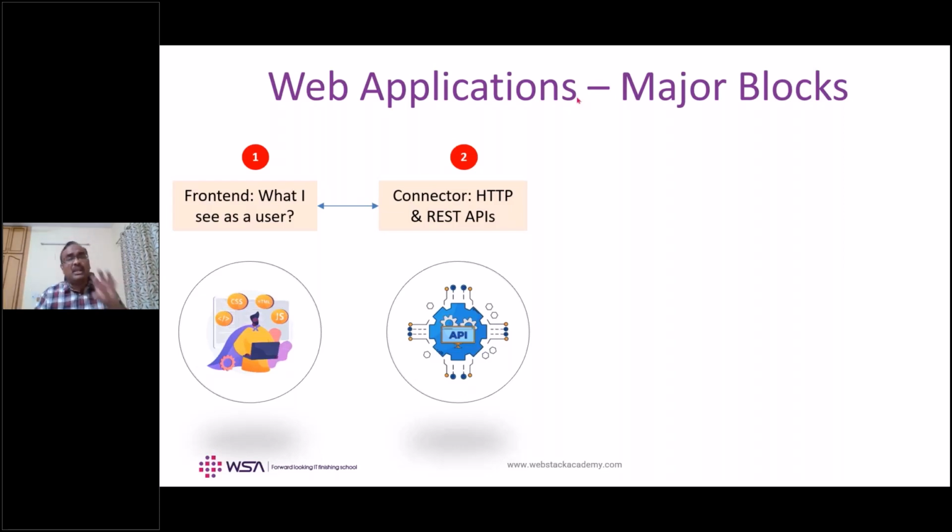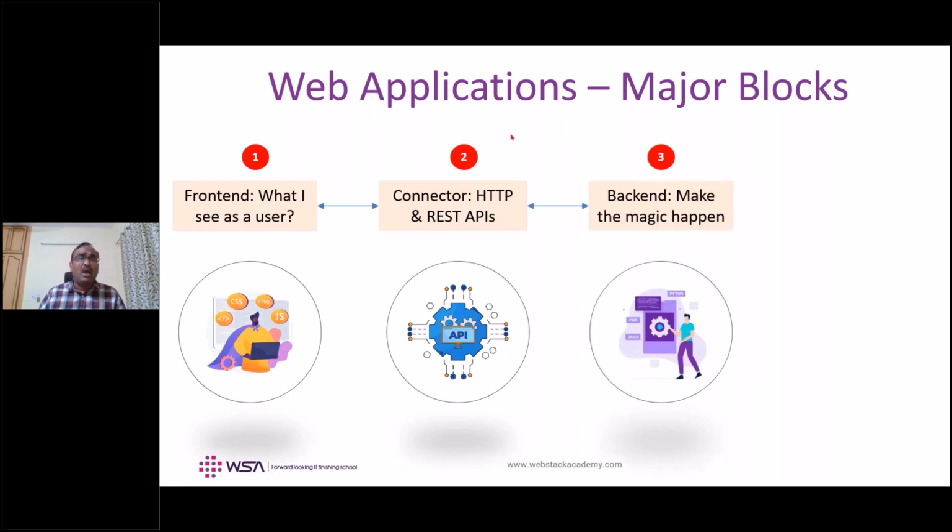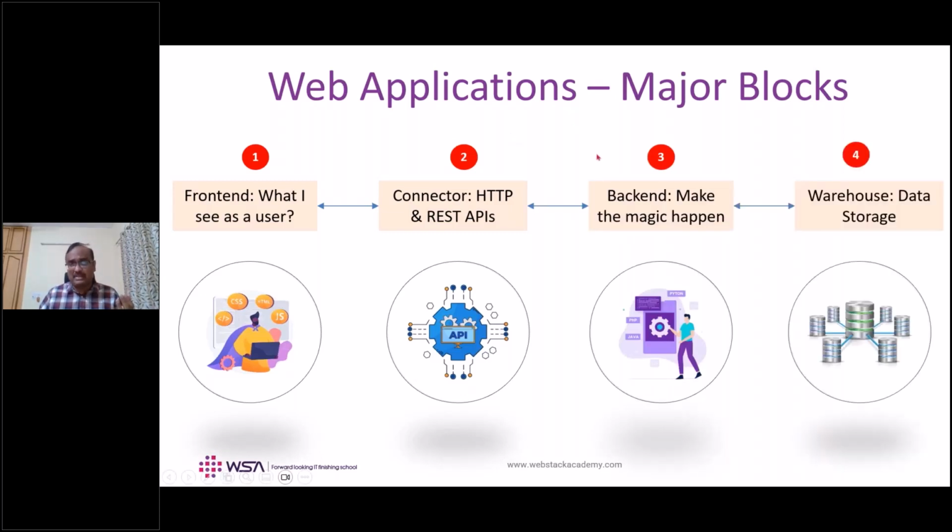Just understand you need a connector between the front end and back end, which is this API, an HTTP-based interface. Then, if you decode slightly further, of course, your back end comes into the picture, where the programming language is. And ultimately, we forgot one major piece in the previous picture, which is the data warehouse. At the end of the day, what are we doing? We are exchanging data between the front end and back end.